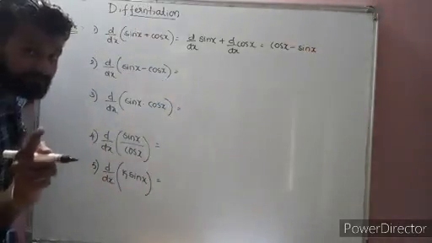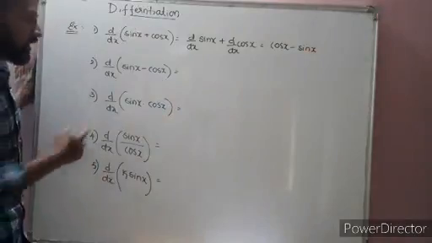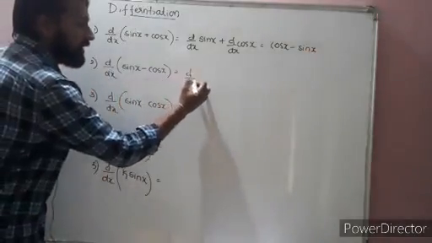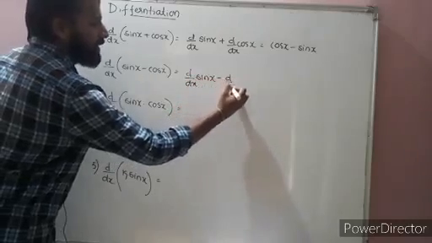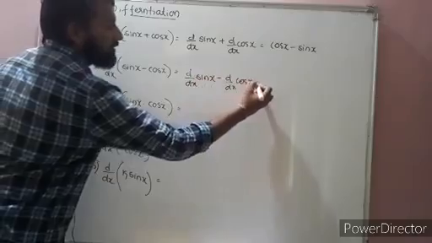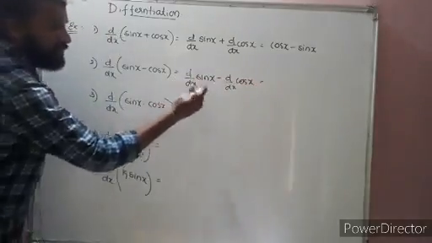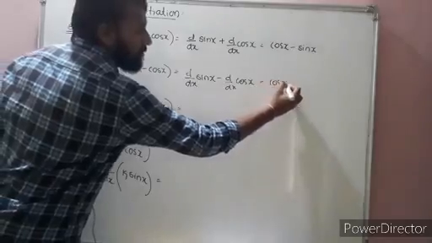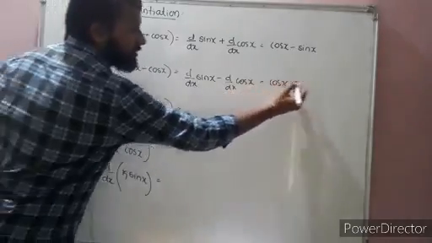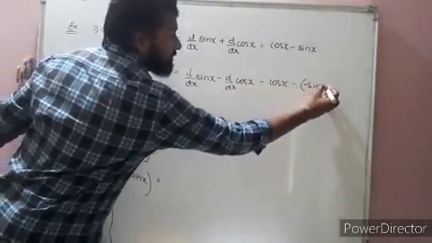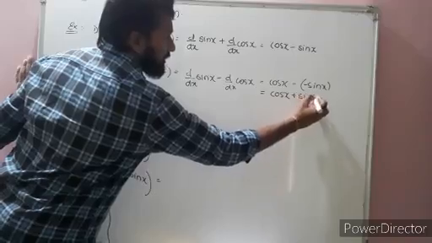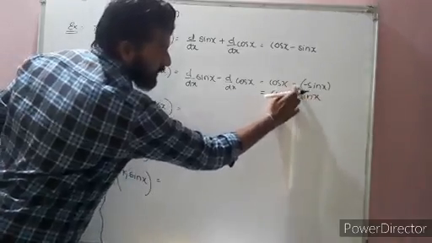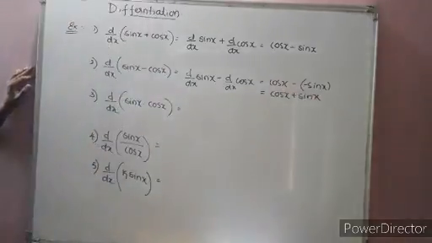Isn't it simple? Now this is d by dx of sin x minus d by dx of cos x, which is equal to cos x minus minus sin x, and hence this will become cos x plus sin x. Why plus sign? Because negative of negative is positive.